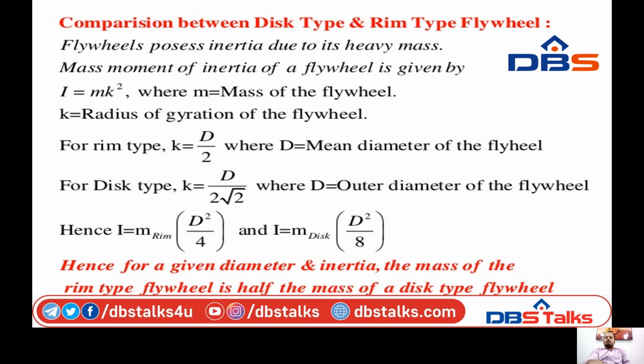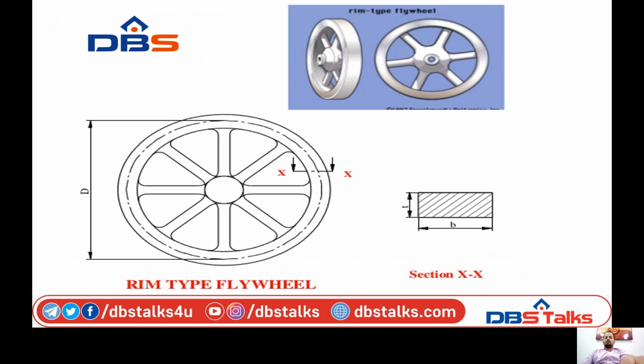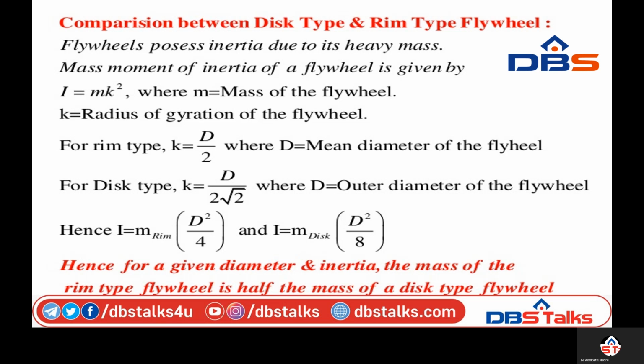In the rim type flywheel we have the ribs with an outer diameter and an internal diameter.